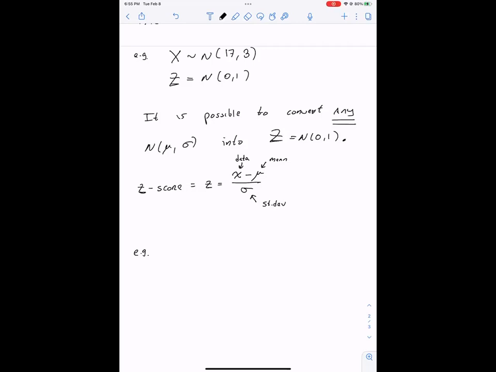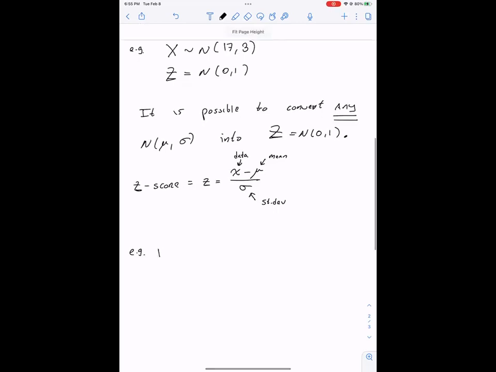So let's do the following problem. Heights of women 20 to 29 in the US follow a normal distribution with a mean of 64.2 inches and a sigma of 2.8 inches.